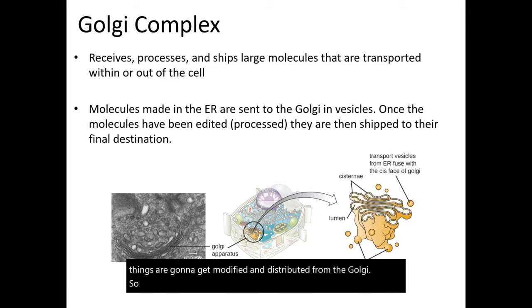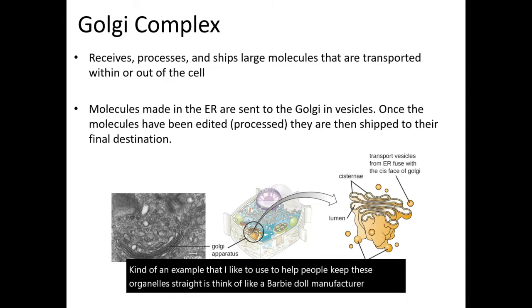An example that I like to use to help people keep these organelles straight is to think of a Barbie doll manufacturer. Especially if you think back a few decades, most Barbies looked completely identical. They've started to do a better job of making them more diverse, still some room for improvement. But let's just think of the general Barbie doll.